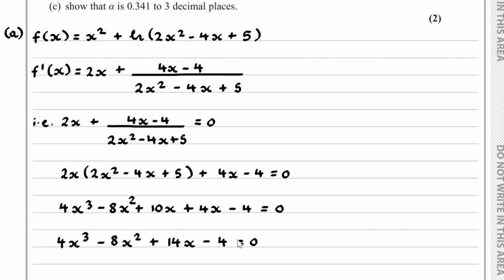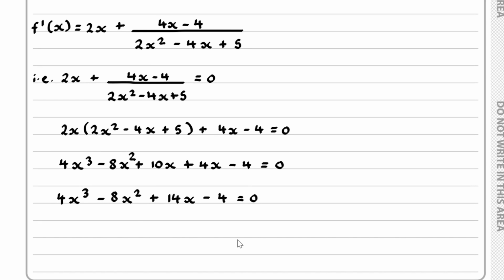This is all equal to 0. And if we divide through by 2, you can see 2x cubed minus 4x squared plus 7x minus 2 equals 0.